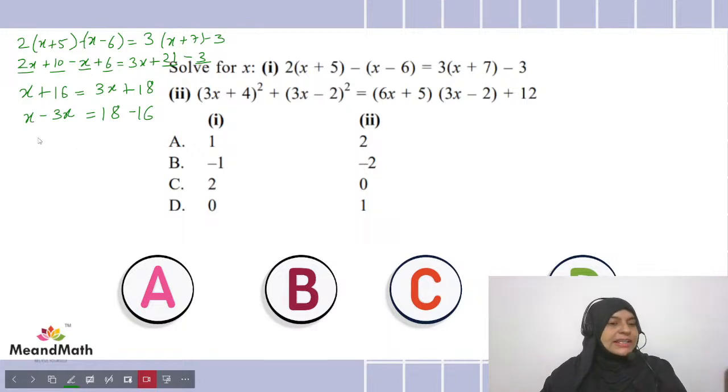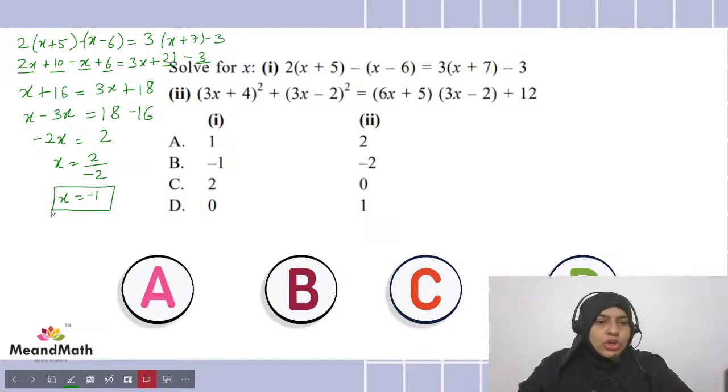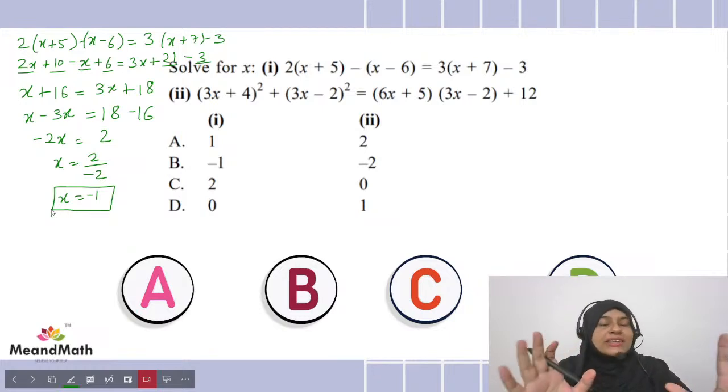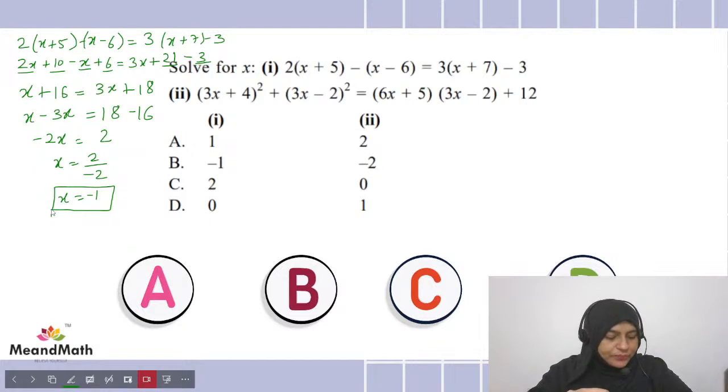So x minus 3x will be minus 2x, and it is 2. So x will be equal to 2 divided by minus 2. So the answer is minus 1. So when we are solving the first part of this question, the answer is minus 1.